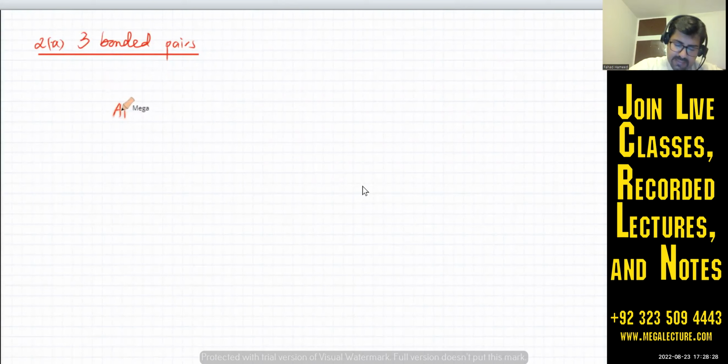In AlCl3 there are just three bonds. You've got one bond with Cl, another bond with Cl, and another bond with Cl. So you've got three bonds, that's it.